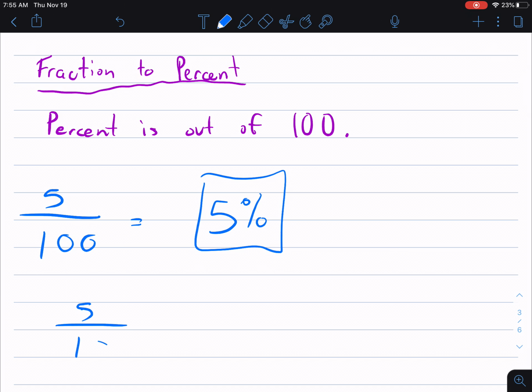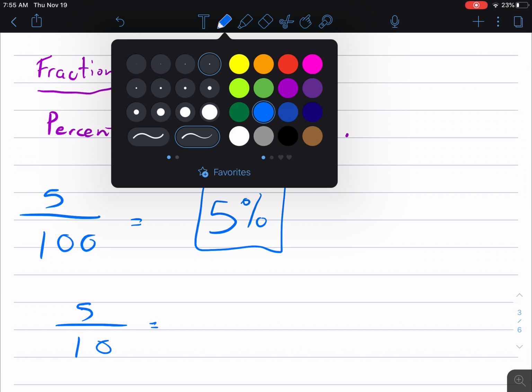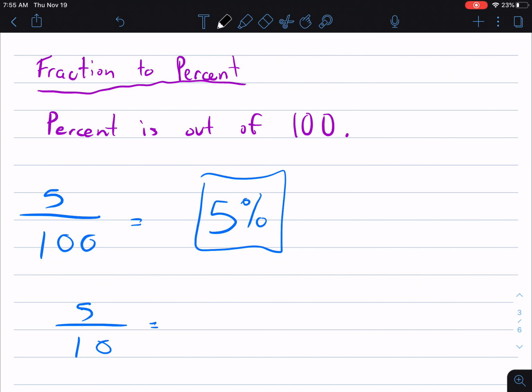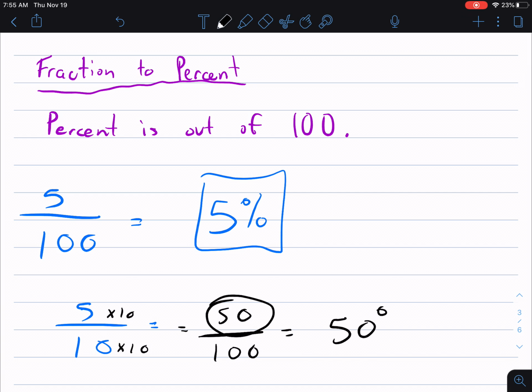If I have 5 over 10, do I have 100? Tengo 100 abajo. No, I have to multiply. Times 10, times 10. 50 over 100. My percent now is 50%. Ustedes quieren que el 100 esté abajo. Si el 100 está abajo en una fracción, el porcentaje ya está arriba.